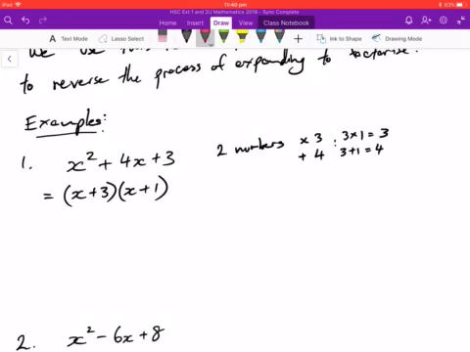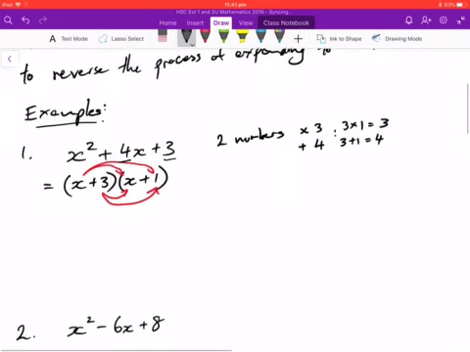Now, you can always re-expand using our favorite FOIL method to see whether you've got it right. And in this case, I can say confidently that we do have it right. So you're looking for two numbers that multiply to the constant term, in this case 3, and add to the coefficient of x, which in this case is 4. And the two numbers end up being 3 and 1.